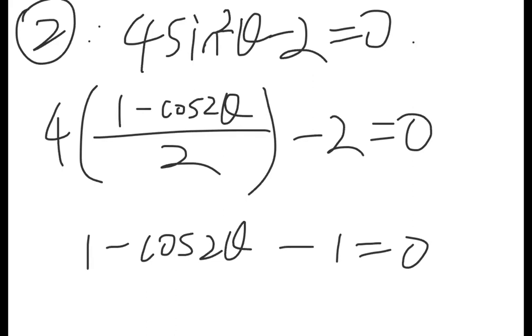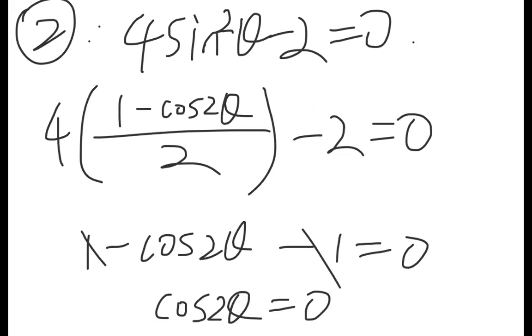And 1 minus 1 is 0, so you have basically cosine of 2 theta equal to 0. Right? Now let's graph the function cosine 2 theta.